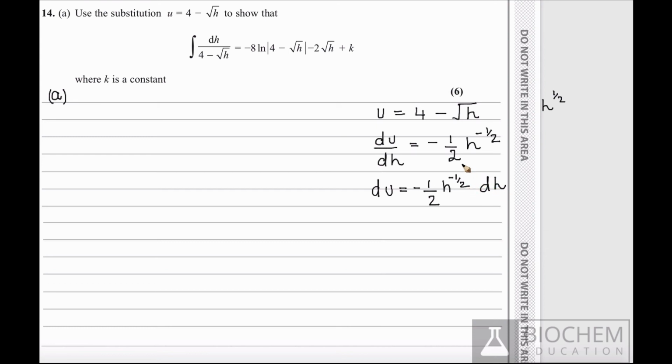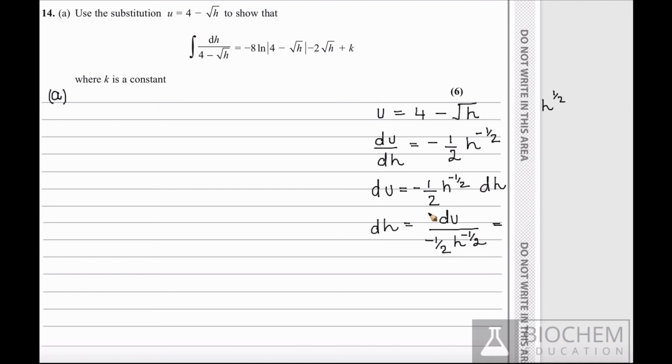Now we can bring all of these terms to the other side so that we can get what dh is equal to, as we need to replace dh in terms of du in this equation. So we can say dh is therefore equal to du divided by this whole term, and that will be negative half h to the power of negative 1 over 2.